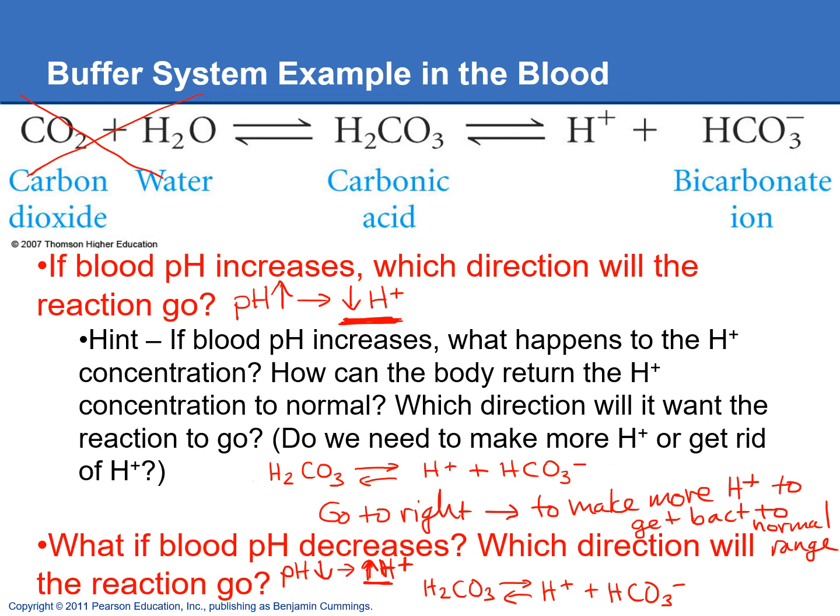If we look at our reaction here, we could go to the right, and if we went to the right, we'd end up making more hydrogen ions. Well, that would not be good, because our problem is we have way too many hydrogen ions. But if we went to the left and end up over here, the hydrogen ions are gone. That's the way we want to go, because we want to get rid of those extra hydrogen ions.